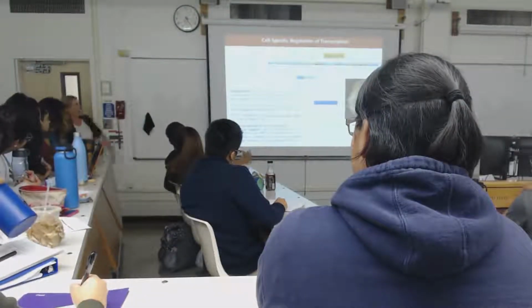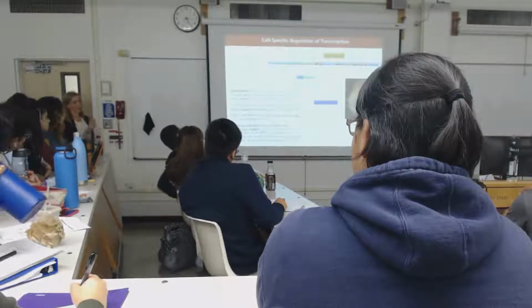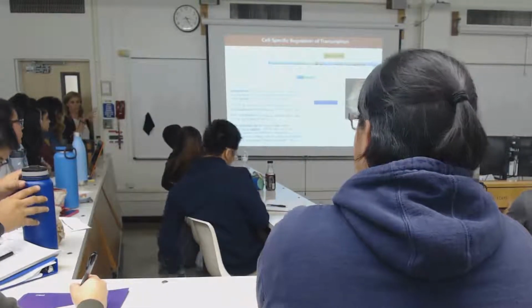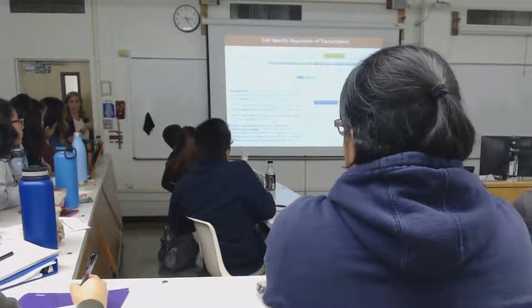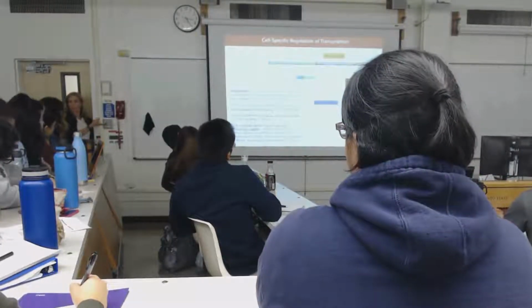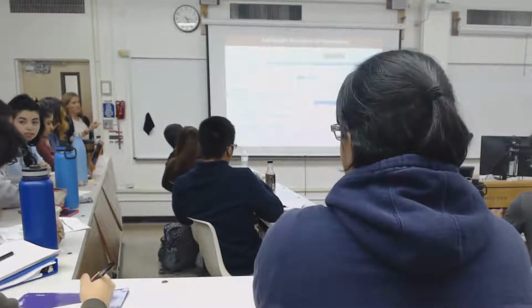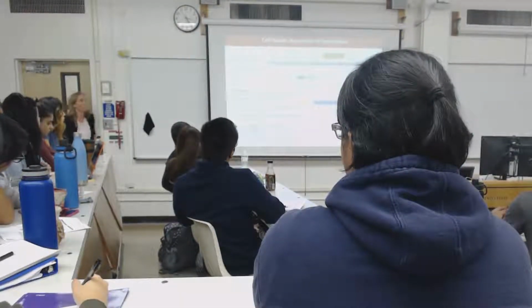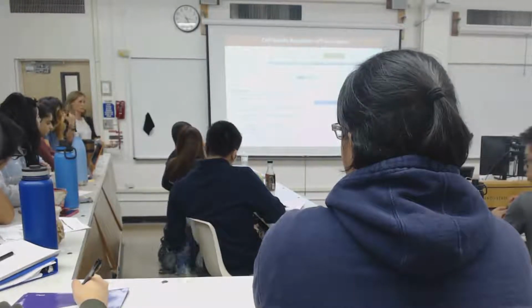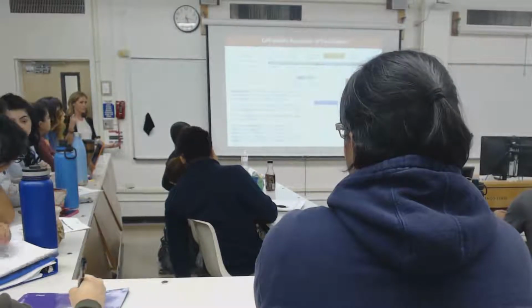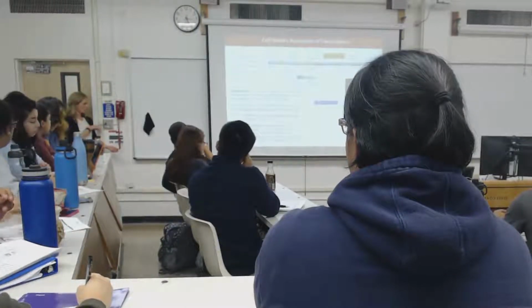It doesn't have MICE1 or PBX1 there. If you force expression of the right tissue-specific transcription factors in that heart muscle cell, you're giving it the hand to flip the switch. The DNA is just like, oh, I'm just waiting for something to bind me. Give it something to bind it, and it'll promote transcription, right? That makes sense?